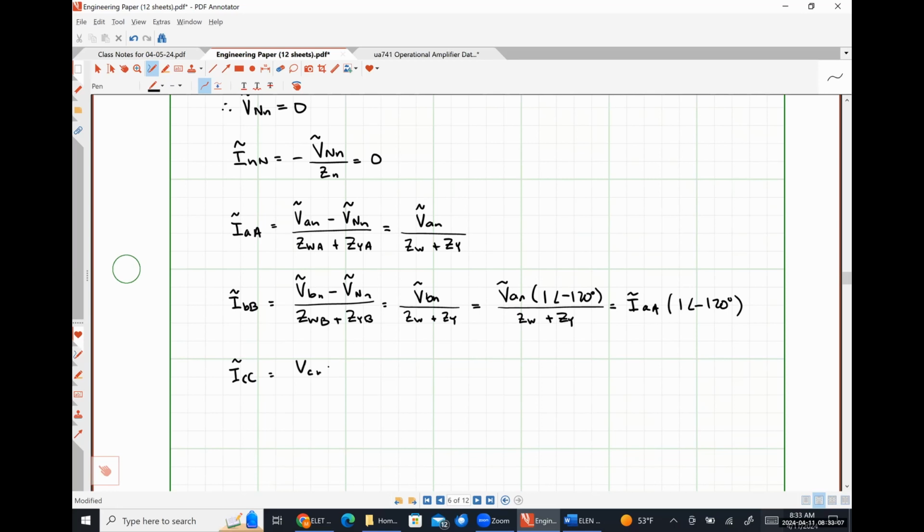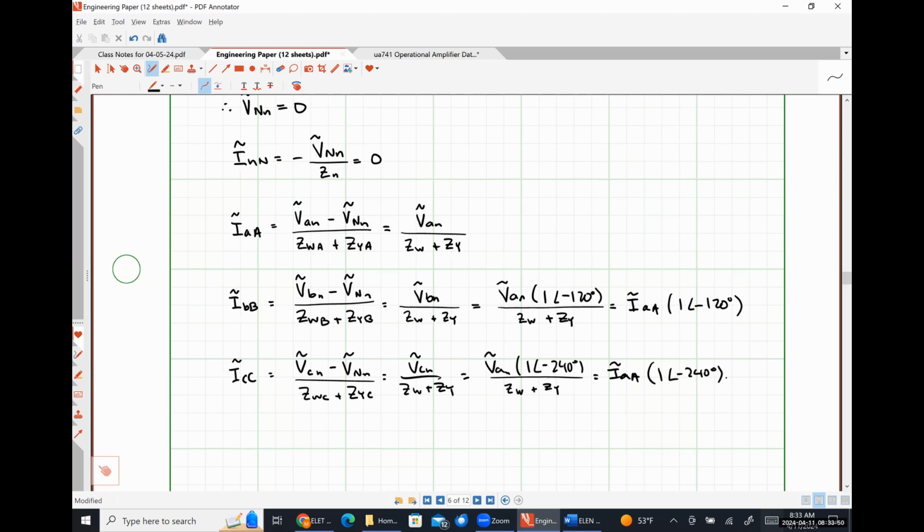So that's going to look like VCN minus VNN over ZWC plus ZYC, which will be VCN over ZW plus ZY, or VAN times 1 angle negative 240 degrees over ZW plus ZY, or simply IAA times 1 angle negative 240 degrees.